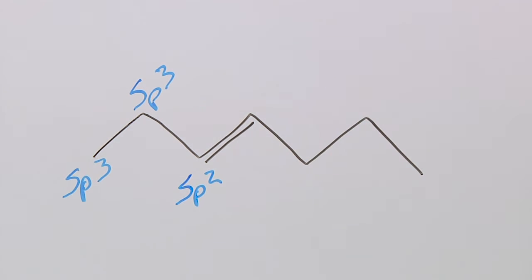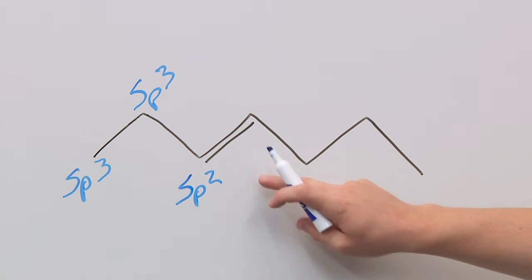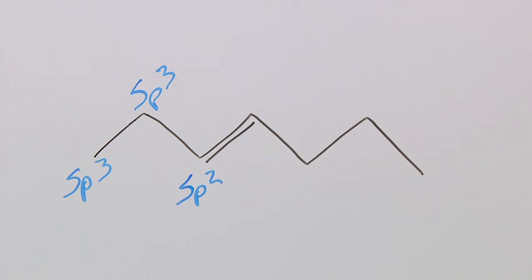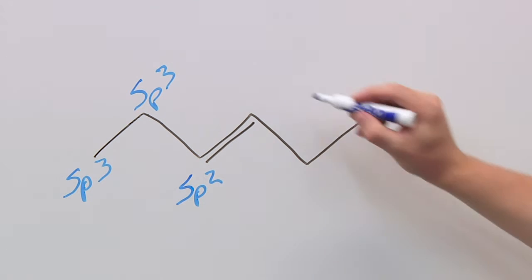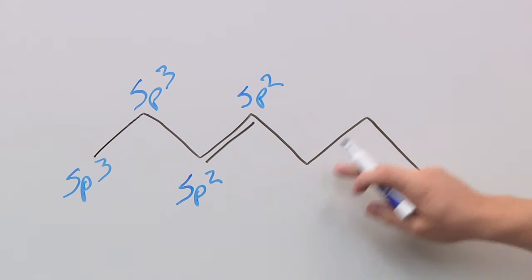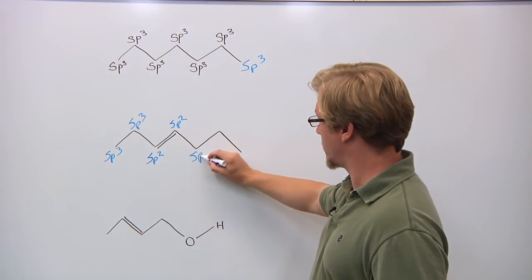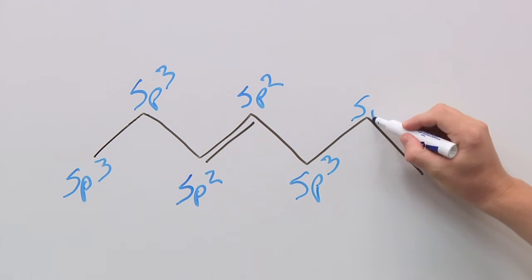And this carbon here, again, is going to be bonded to 2 carbons, 1 hydrogen, and it's going to have a pi bond in addition to the 3 sigma bonds, so it will also be sp2 hybridized. And each of these 3 carbons is going to be the same as above, so these will all be sp3 hybridized.